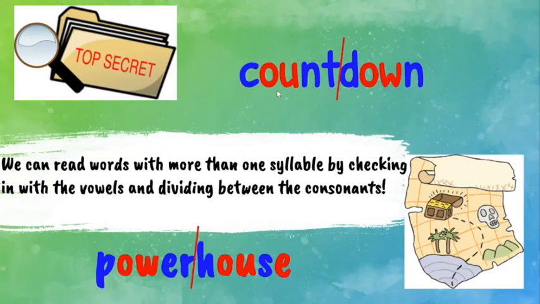Now, if you look here, you can see there's 2 diphthong patterns. When you're looking at a new word that you're unfamiliar with, check in with your vowels first. You can see you have ow and ow again. Now look between the 2 vowels and see what you have for consonants. There are 3 consonants.